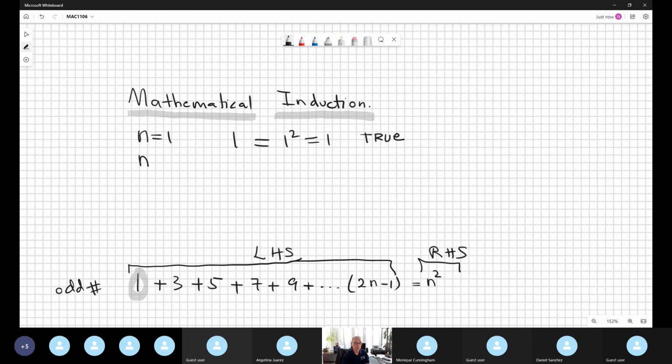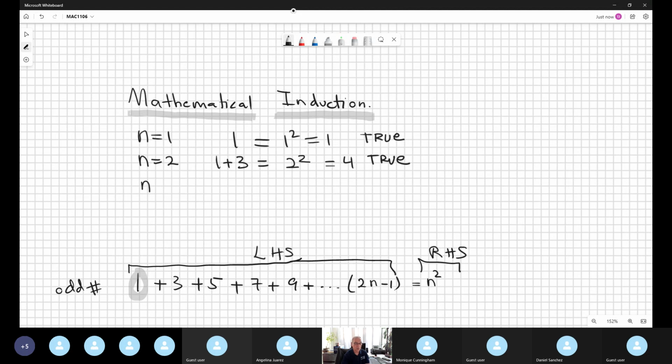So it works, at least for n equal 1. For n equal 2, we have 2 elements, 1 plus 3, in the left-hand side. In the right-hand side, we have 2 squared. But 1 plus 3 is 4, and 2 squared is 4, also true. Wow, sounds logical.